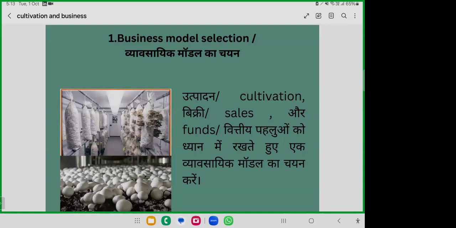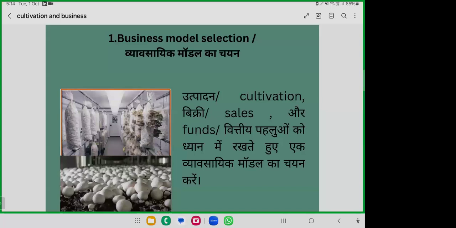Like we are also cultivating one of the very expensive mushrooms, that is Cordyceps militaris or Kira Jari, and we sell it at the cost of 3.5 lakh rupees per kg. So there are different varieties of mushroom, and their selling price is between 100 to 3.5 lakh rupees per kg.